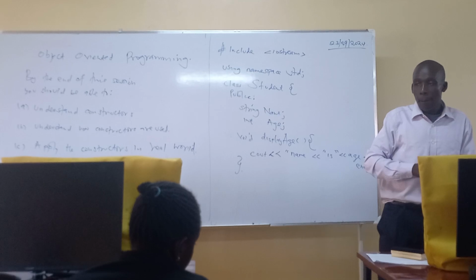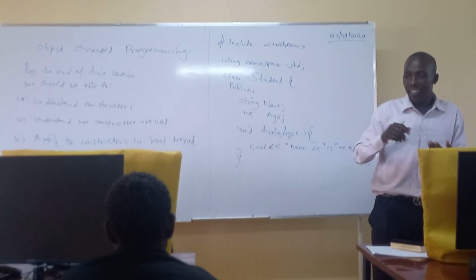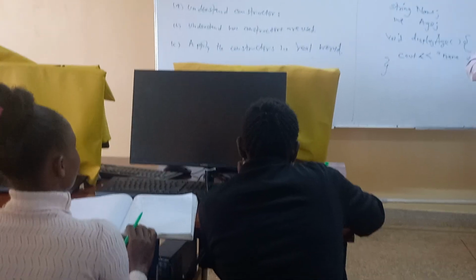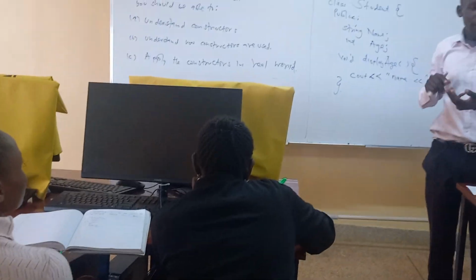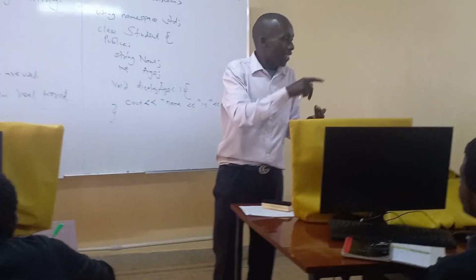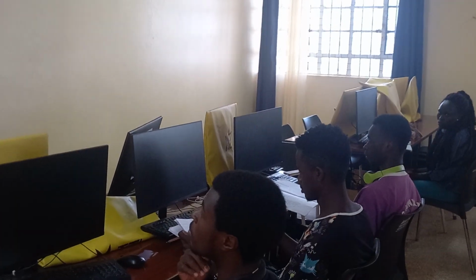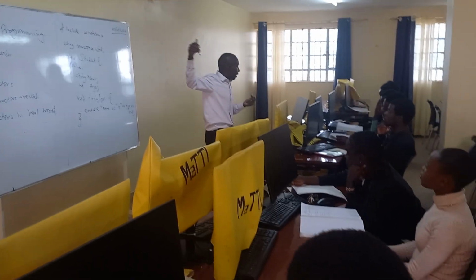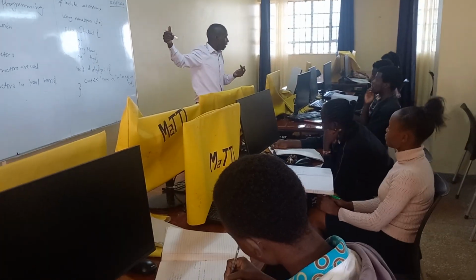1, yes, declared in a public section. Another, yes. The name should be the same as the class. Very good, Francis. When we are learning constructors, same as the name of the class, right?